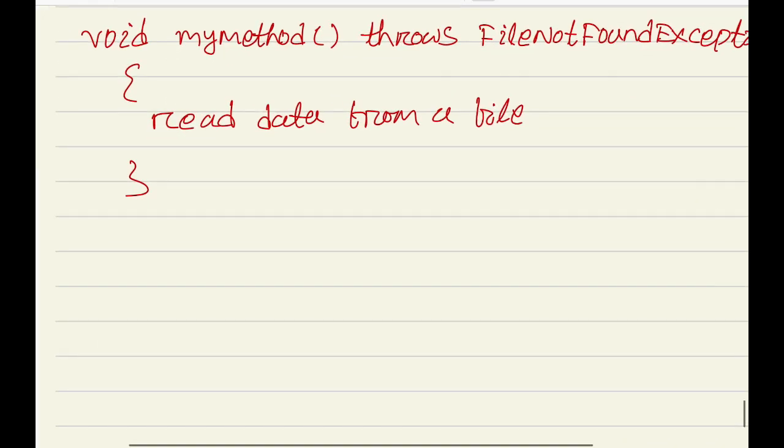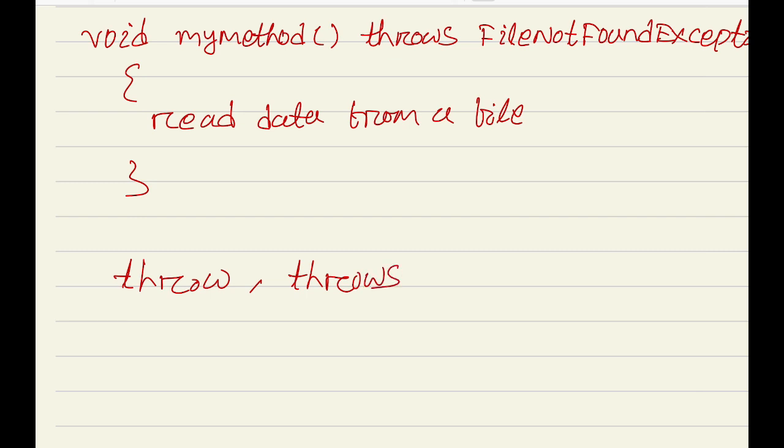So using the throws keyword, we can propagate the exception to the callers, or inform the callers of the exception details. There is one question: what is the difference between throw and throws? We have discussed throw, and here we are discussing throws.